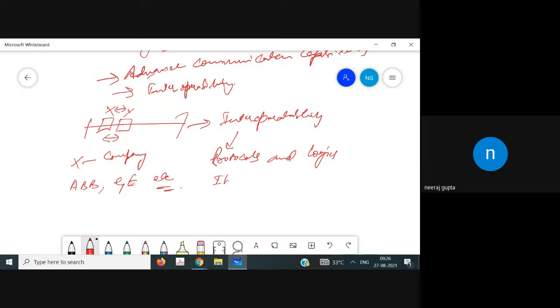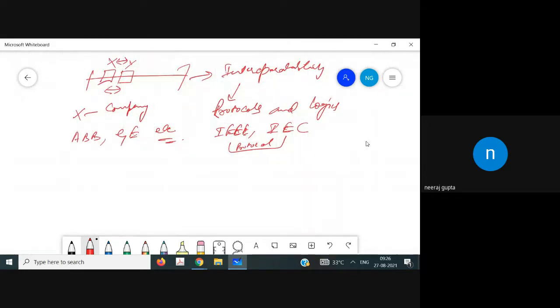IEEE and IEC have designed one protocol, which is known as the substation automation protocol.